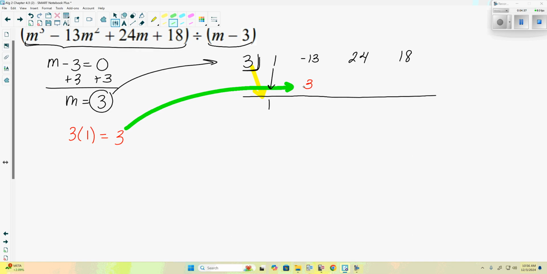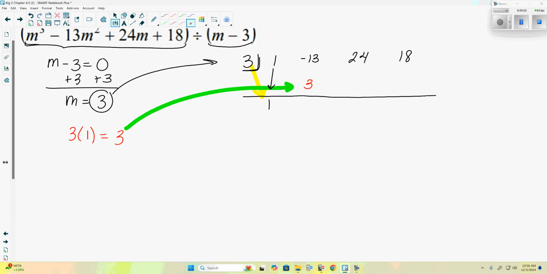So the number in the cubby times the number below the line. So 3 times 1 gives us 3. We put it under the second number. Questions on this so far?